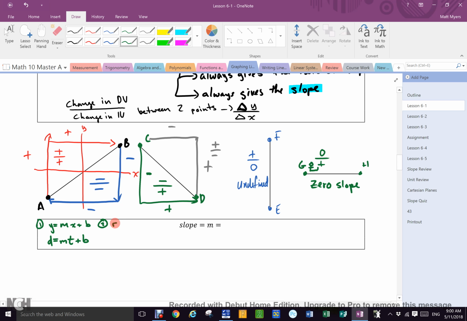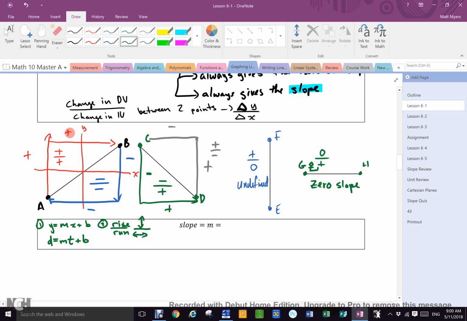Number 2, you do rise divided by run. Rise is what direction on a graph? Up or down, right? Depending. Up and down divided by left and right. Just like we did here. Up, positive, divided by right, positive.